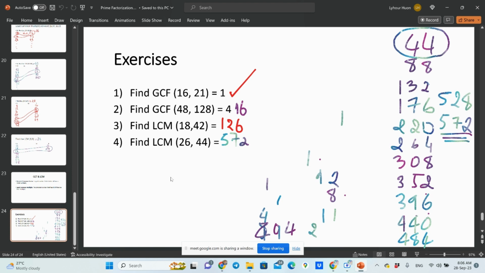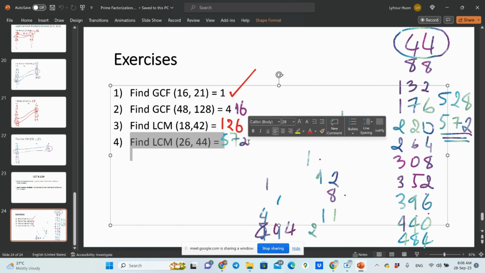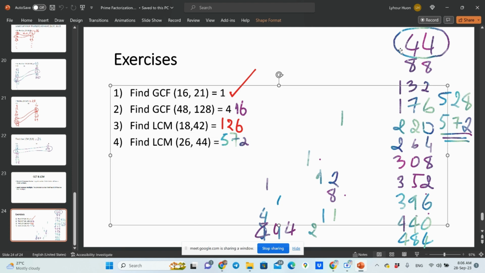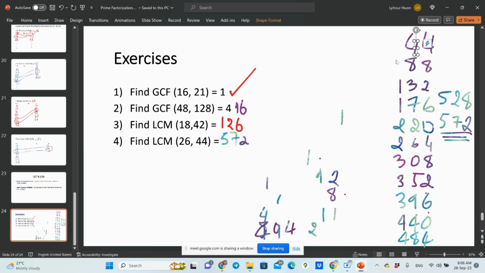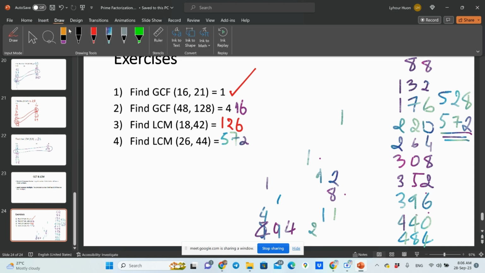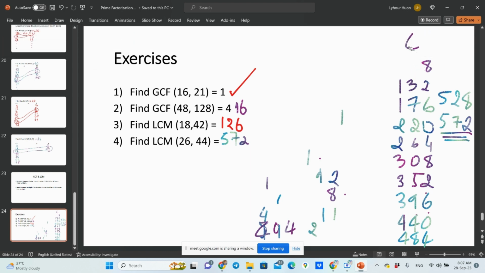But somehow, when we do it like that, for example this problem, it takes about 10 minutes or more to figure out the answer because the answer is big, right? So I will tell you another way to find the LCM and the GCF, which is faster, easier and less confusing.